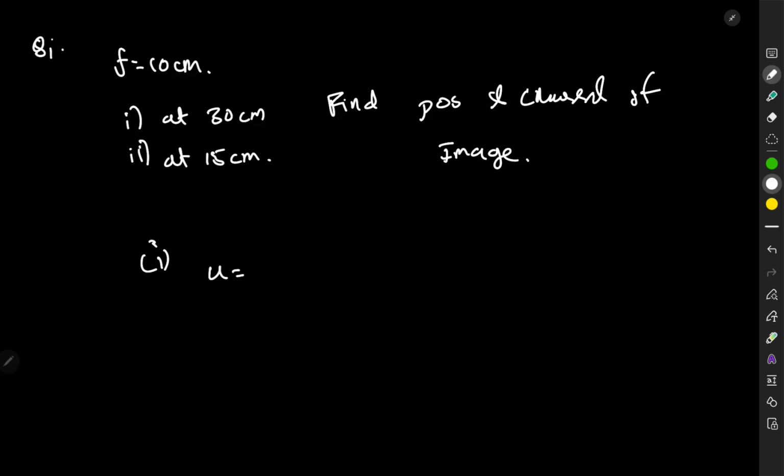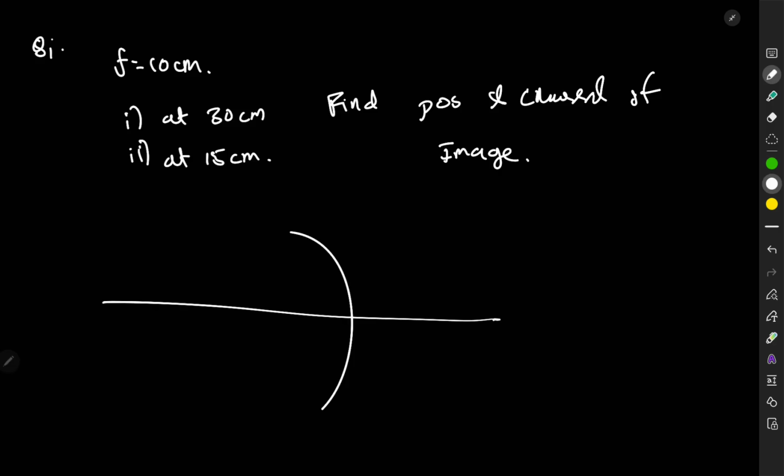Let us draw. It's not so tough. The object is placed in front of the concave mirror, so I place it at 30 centimeter. The focal length is somewhere here, 10 centimeter.